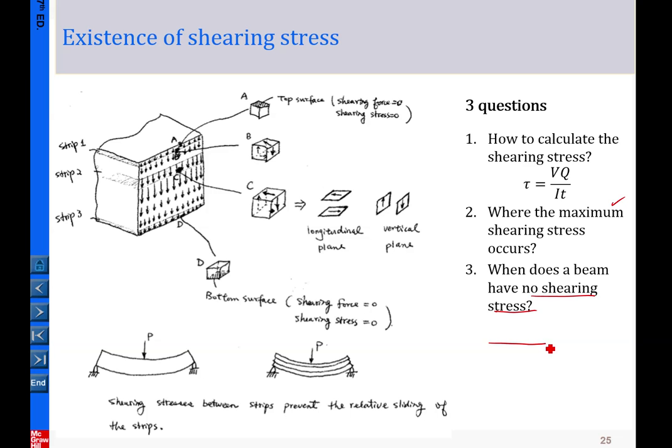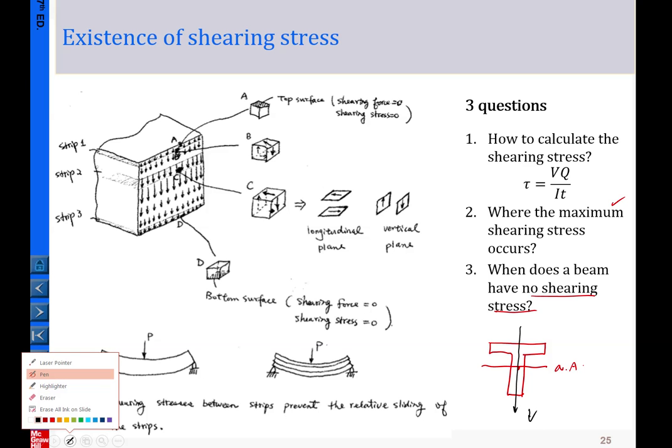For example, if this is our cross section and this is our neutral axis, and this is the transverse loading V, I'm going to tell you the shear stress at the top and bottom surface. Here tau equals 0, and here tau equals 0.